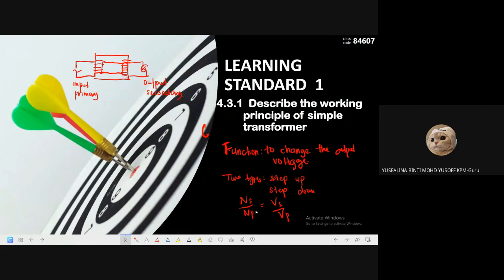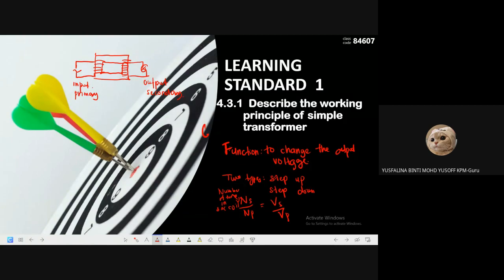NS is the number of turns in the secondary coil, which is this one, or the output. They can use these two terms: number of turns in the secondary coil or output.